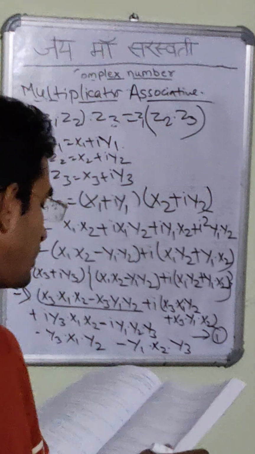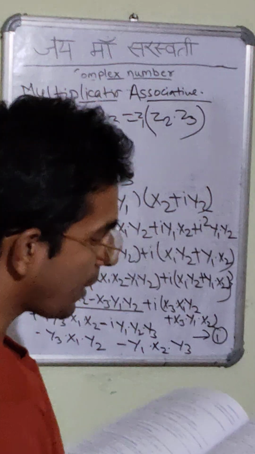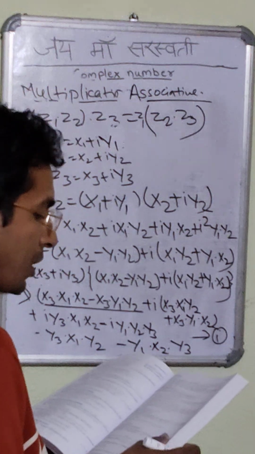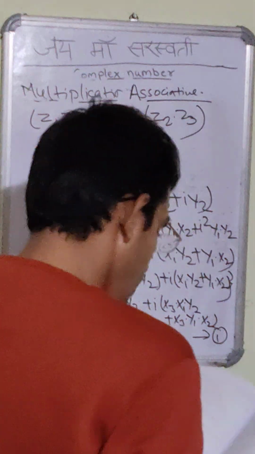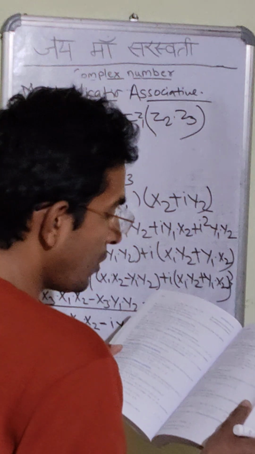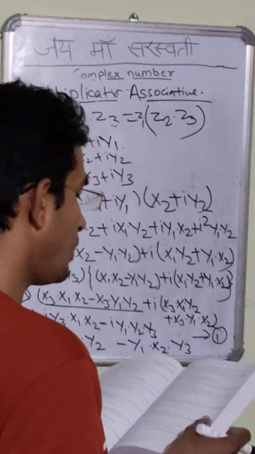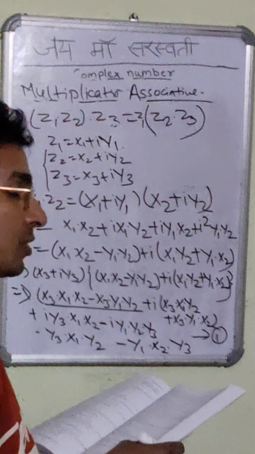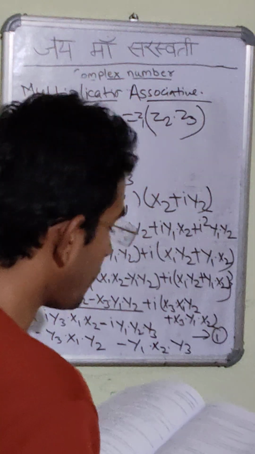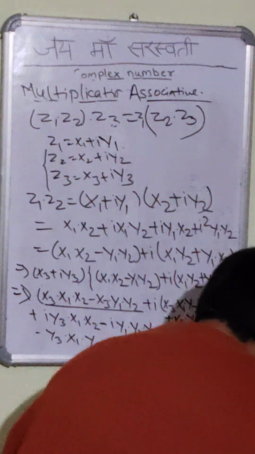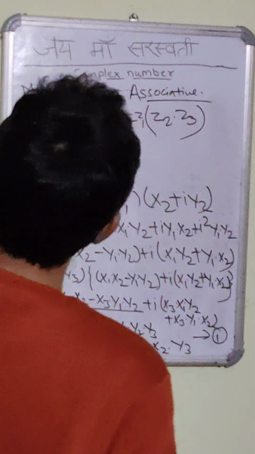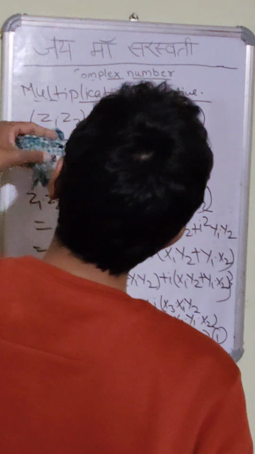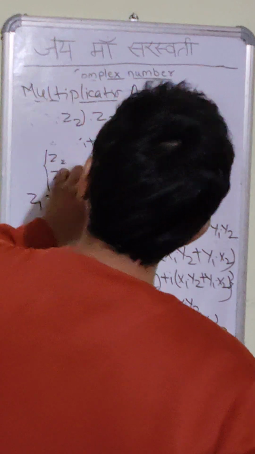The third property is the existence of the identity element for multiplication. So Z into 1 is equal to Z is equal to 1 into Z.